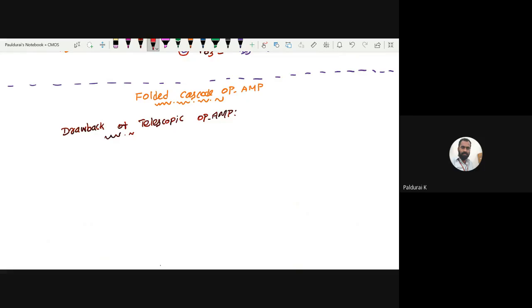Okay, let me explain like this. Voltage swing. Is the voltage swing high or limited? Limited. Can you understand the difference between high voltage swing and limited voltage swing?